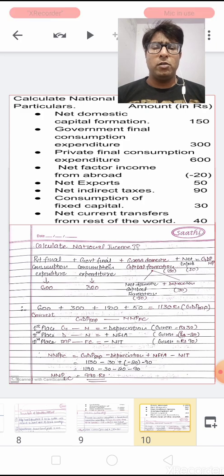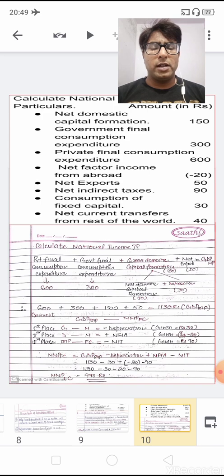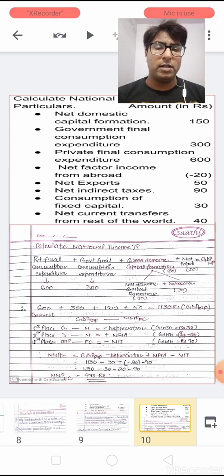We already know that to go from domestic to national, we have to add NFIA, that is net factor income from abroad. And at third place, market price is to be converted into factor cost. To convert market price into factor cost, we have to subtract NIT, that is net indirect tax. All these three values are given in the question: depreciation is 30, NFI is -20, and NIT is 90.